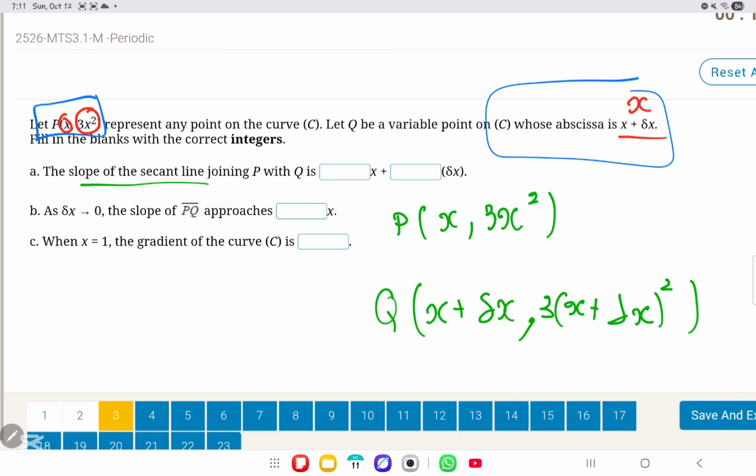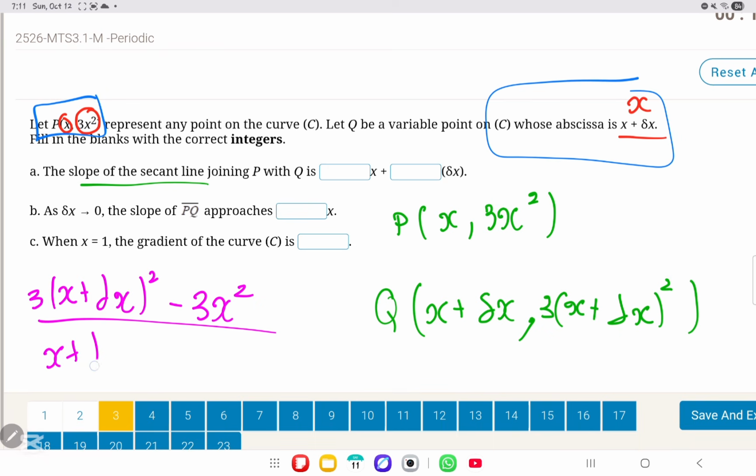What do we do in this scenario? Now we do y minus y over x minus x. So let's choose any random point. 3 times x plus delta x squared minus 3x squared over x minus x. So that's going to be x plus delta x minus x, okay?